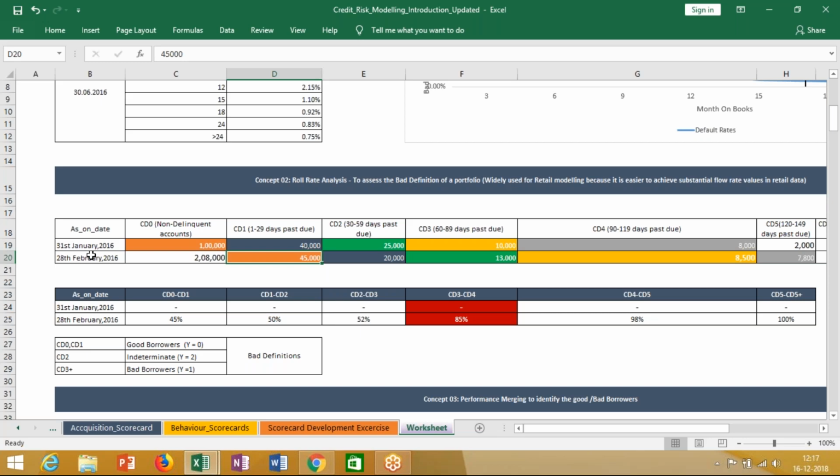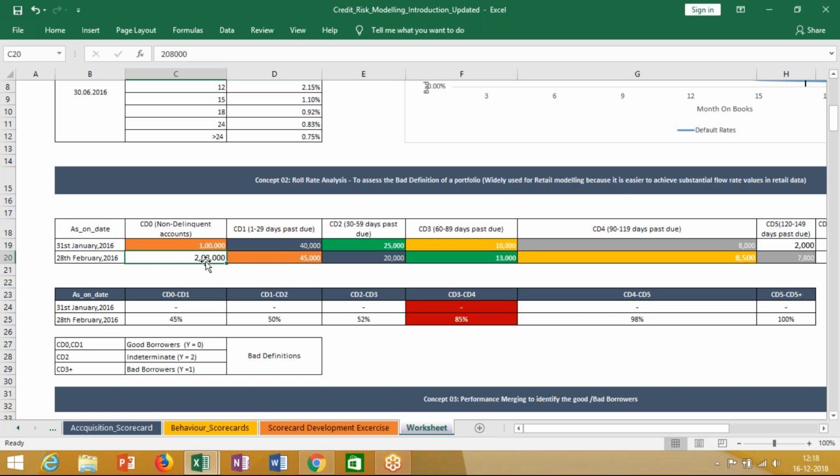Out of that 1 lakh balance, which was non-delinquent last month, there must be the remaining 55,000. Where are those 55,000 which are non-delinquent now? Those are adjusted over here. So they are still non-delinquent as on Feb. From this 1 lakh, some 55,000 has still remained non-delinquent this month.